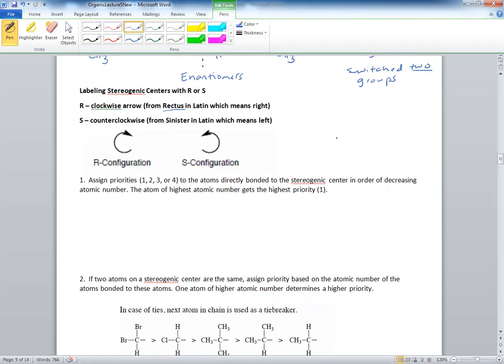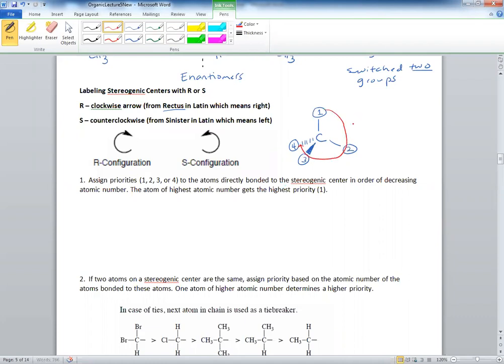The example is the following. Imagine I have my C here. This is priority 1. This is priority 2, just giving you an example. This is priority 3, and this is priority 4. Then the priority goes 1 to 2 to 3.